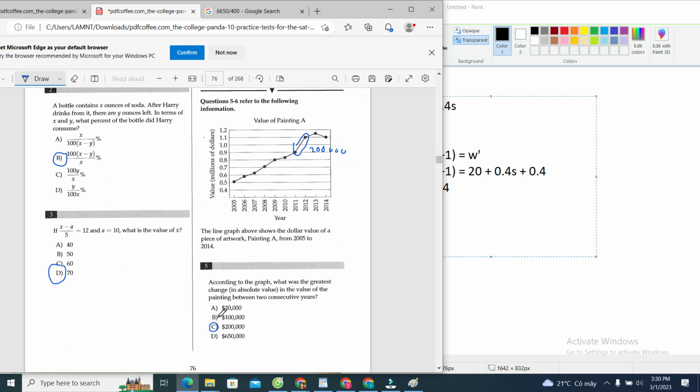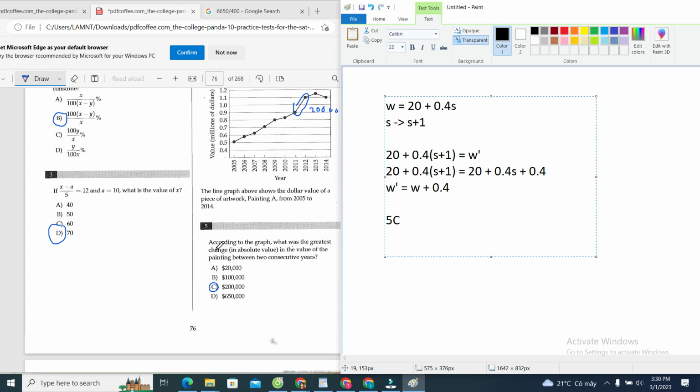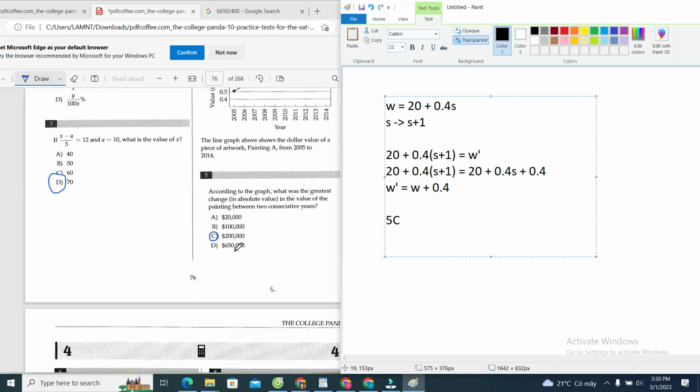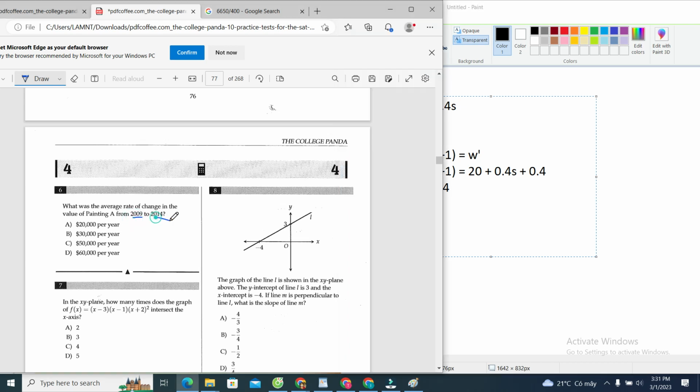So 5 is C. And number 6. Okay, so number 6, let's try. What's the average rate of change of the value of the painting from 2009 to 2014?